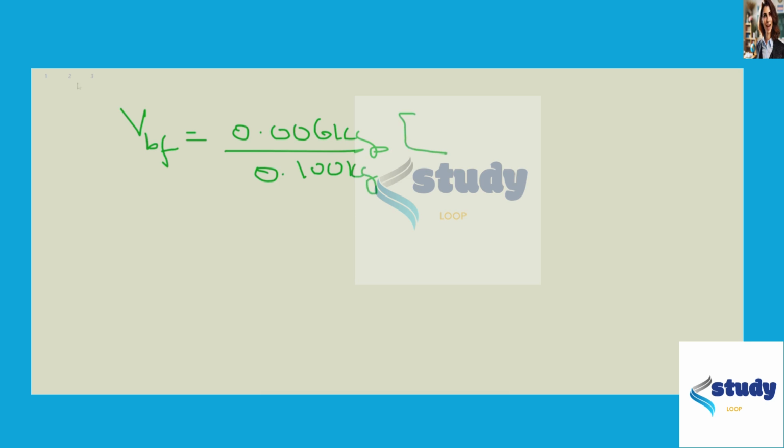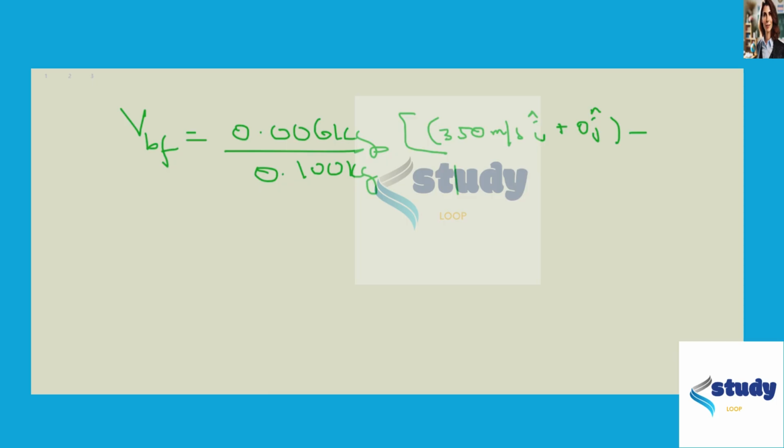And then also we do have the initial velocity of the bullet, which was given as 350 meters per second i hat plus zero j hat, because it's not moving in the y direction, and then we're subtracting the final velocity of the bullet.